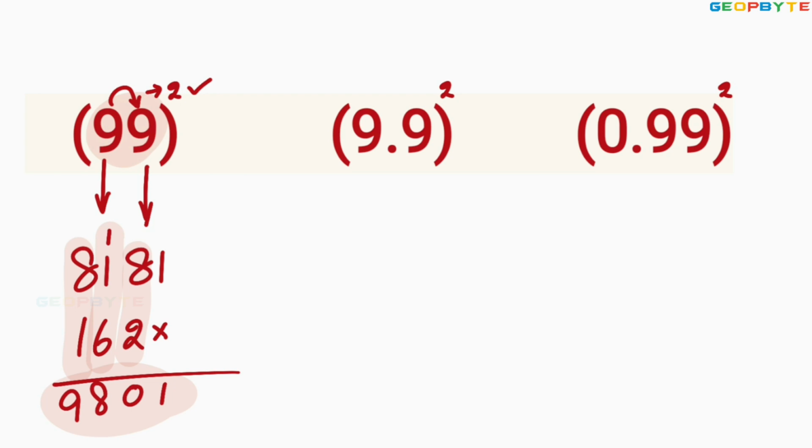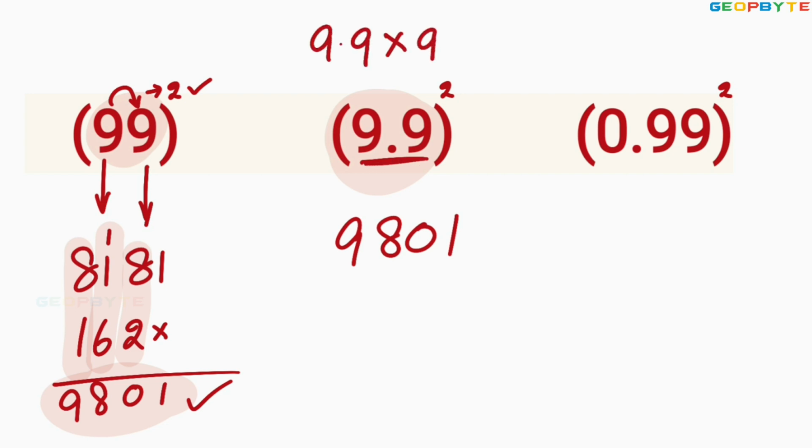Similarly, for 9.9 whole square, you first write this value 9801. 9.9 whole square can be written as 9.9 into 9.9. You count the number of digits after the decimal point. 1, this other one 2.